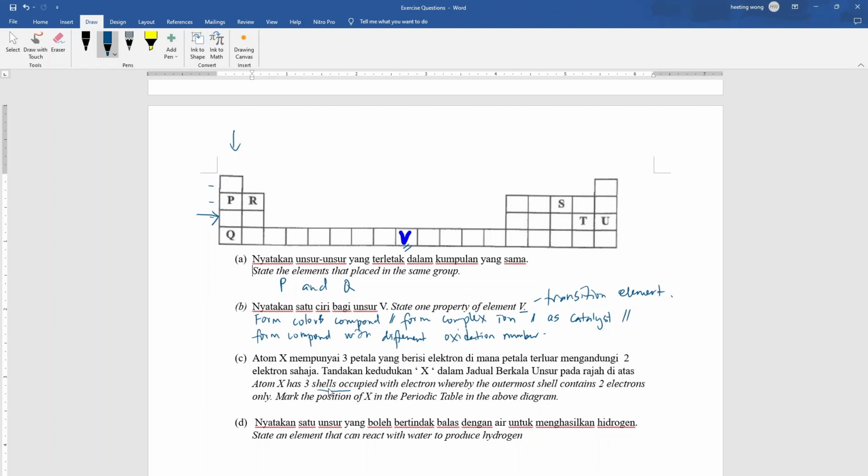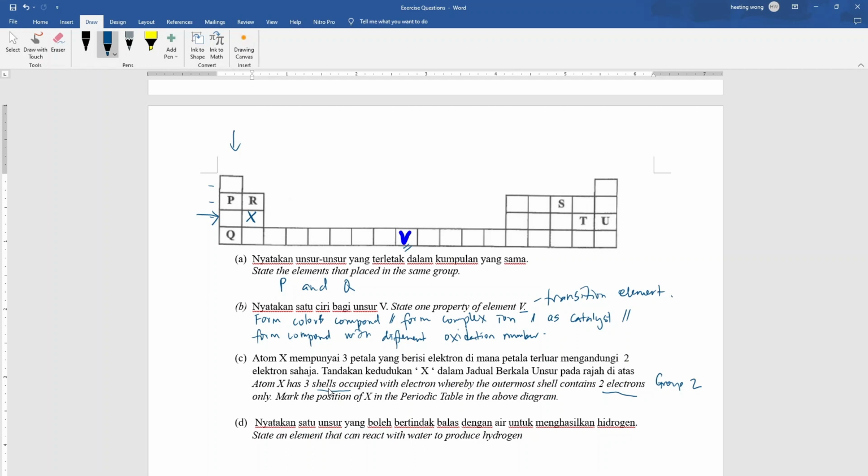So it should be period 3, group 2. So we mark the X here. This is how we solve the questions. Based on the questions, you can answer all the questions related to the position here.